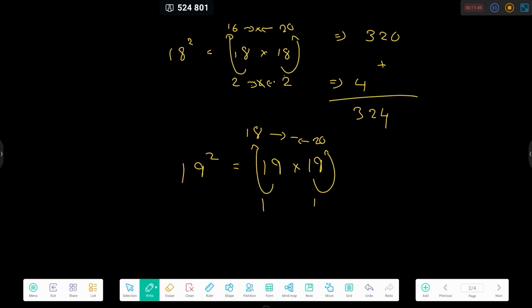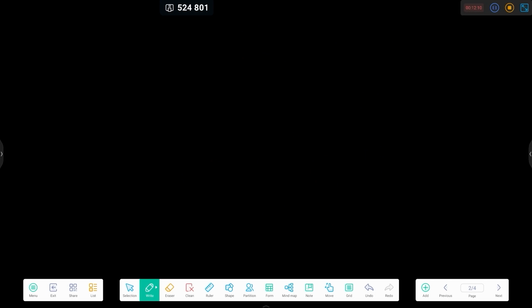We'll be multiplying these two numbers to get 18 twos are 36, 360, and we'll be multiplying 1 and 1 to get 1. Add them, get 361. 19 square is 361. These tricks can be further used for greater numbers, be it 2-digit, 3-digit, or henceforward. Now let's solve 20 square.